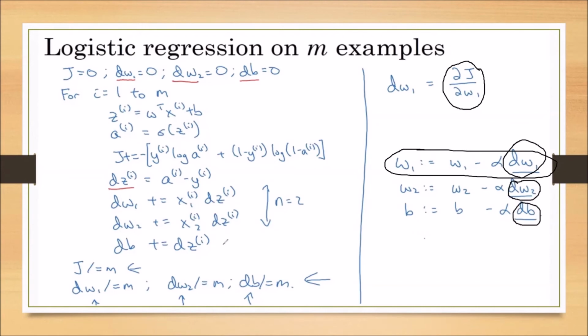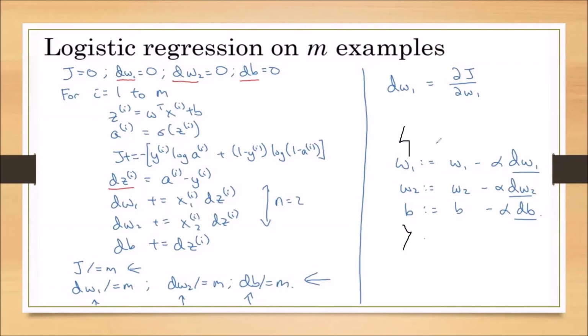So if we take this DW1 and DW2 and DB, this is only one step, but we want to repeat this loop. How many times do we want to repeat this loop? Until we find the minimum value, until the differentiation becomes 0.